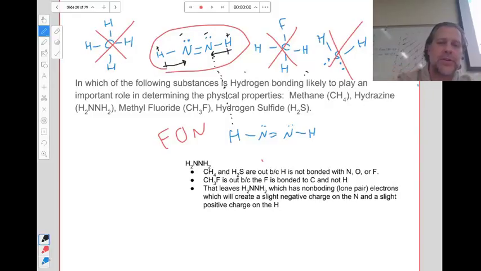The nitrogen and the hydrogen would be attracted to one another because here's the slightly positive, slightly negative, slightly negative, slightly positive. Does that make sense?